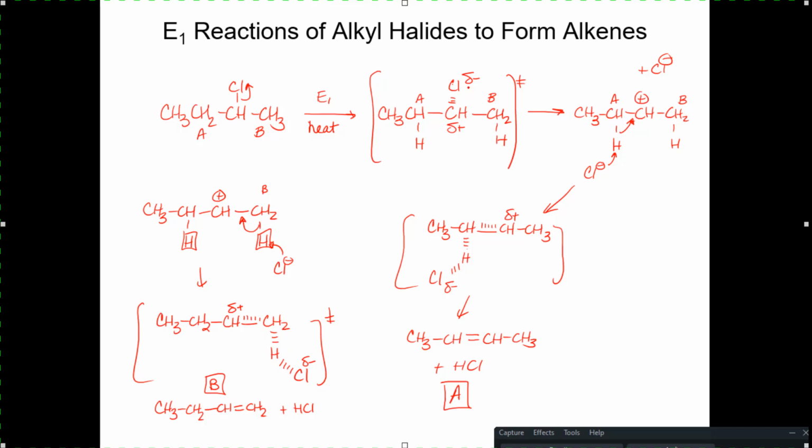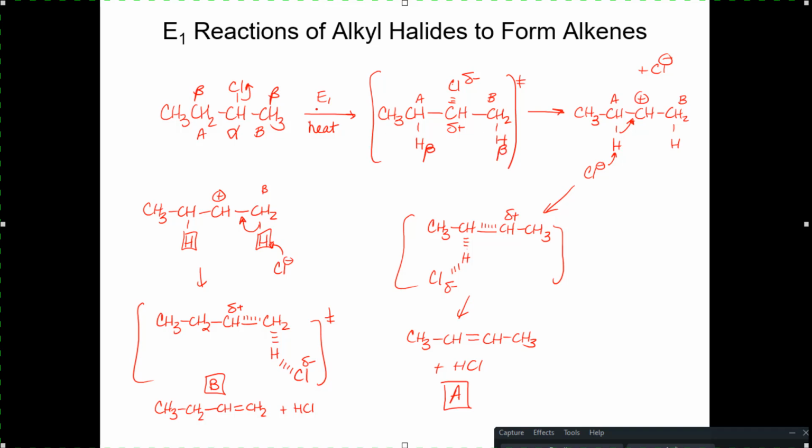And so there's terminology that we use here, and I might as well introduce that terminology, which is the carbon attached to the leaving group is called the alpha carbon, and the carbons attached to the alpha carbon are called the beta carbons. And then carbons attached to the beta carbons would be the gamma carbons on down the line. Hydrogens attached to the beta carbon are beta hydrogens.